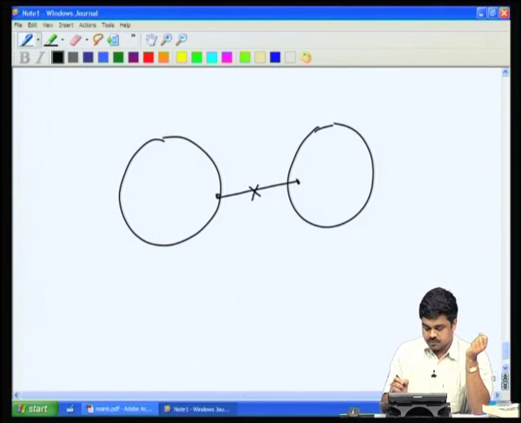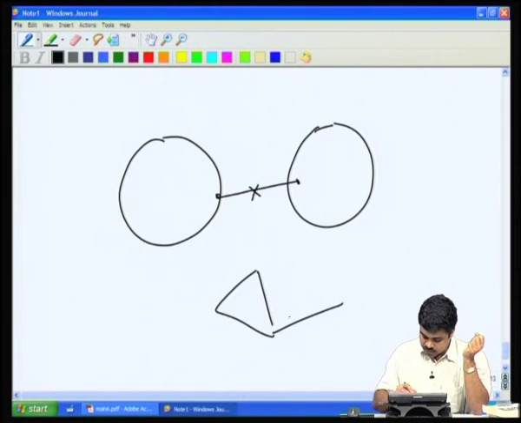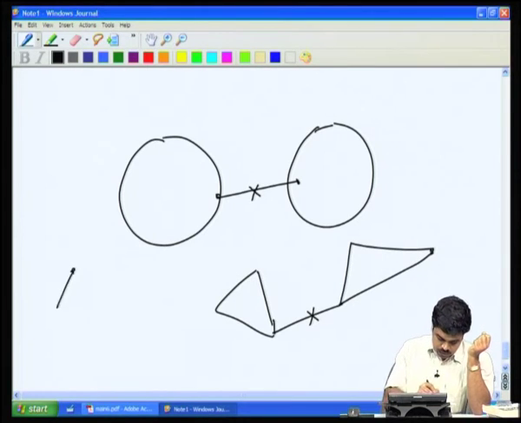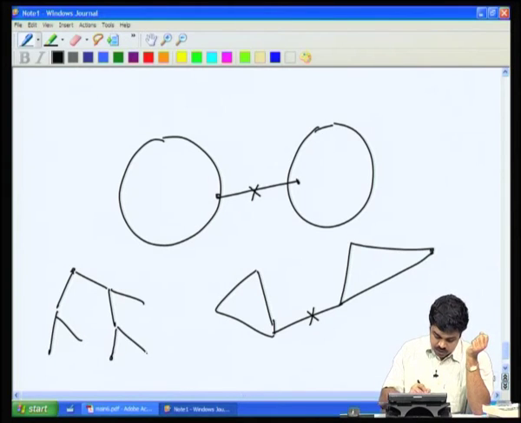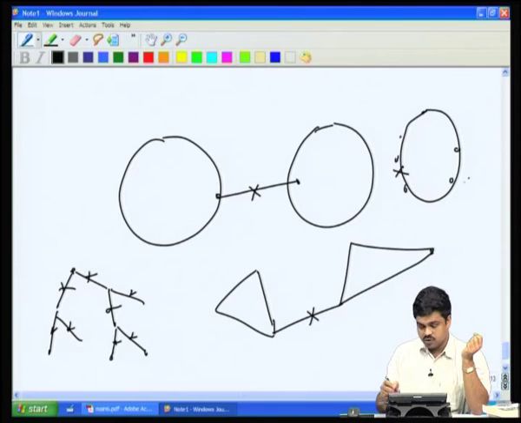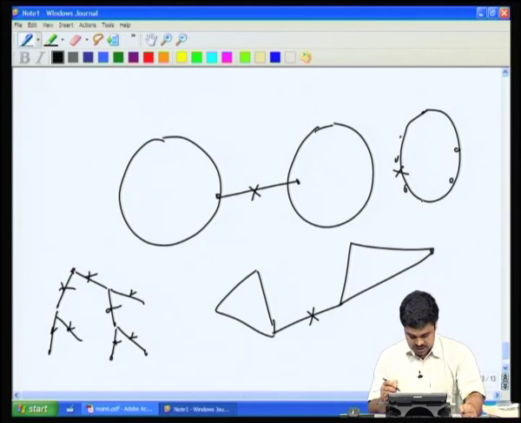For instance, this is a bridge, this is a bridge, and in a tree, all are bridges. In a cycle graph, there are no bridges. You can cut any edge and the graph will not get disconnected.